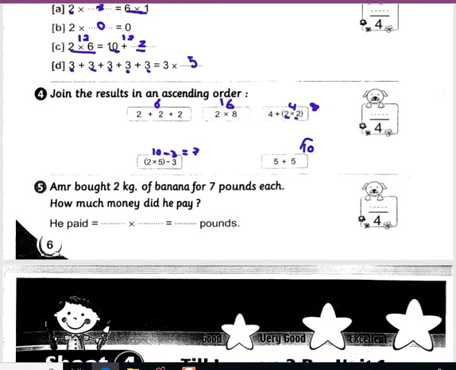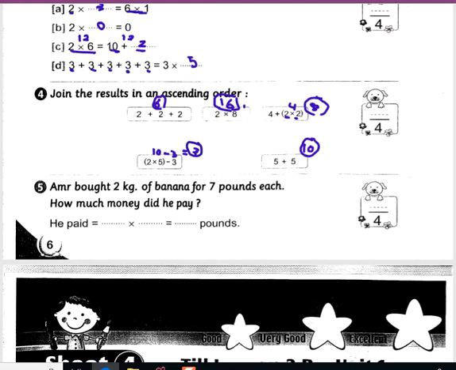So here we have 10, here 8, here 16, here we have 6, and here we have 7.